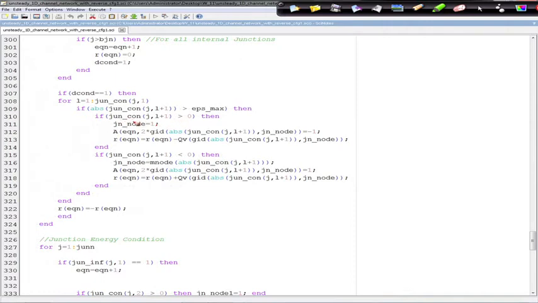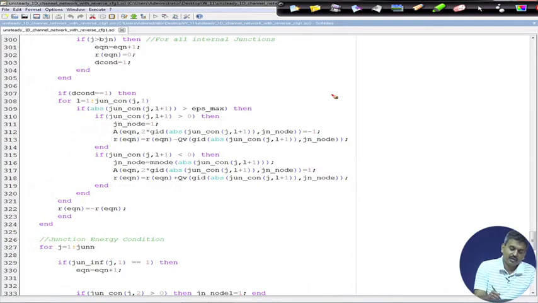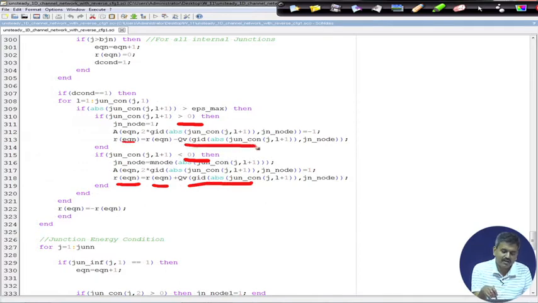Now, depending on whether the junction connectivity is positive or negative, we can identify the starting and end nodes, and we can add with R eqn equals R eqn plus q values, or subtract this one qv.